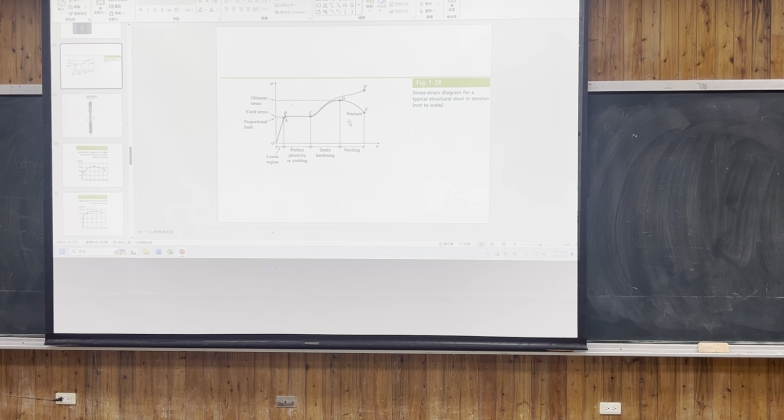Do you guys know the difference between strain hardening and strain softening? No? This part of the curve right here is the strain hardening. The stress increases as the strain increases, and strain softening is the other way around, right?